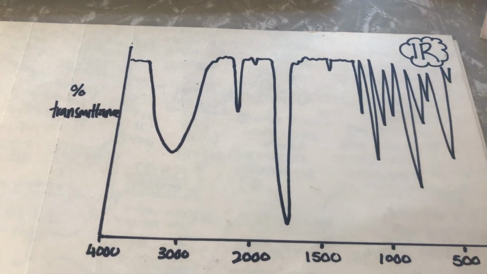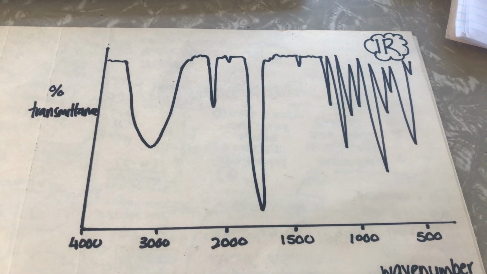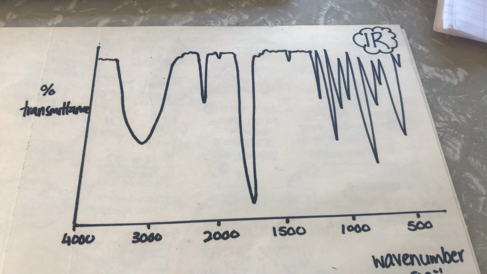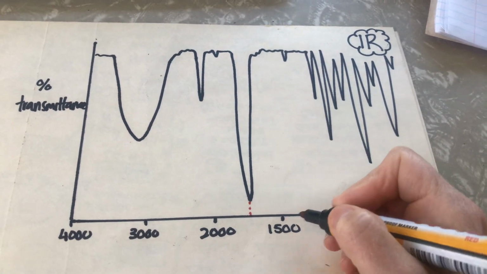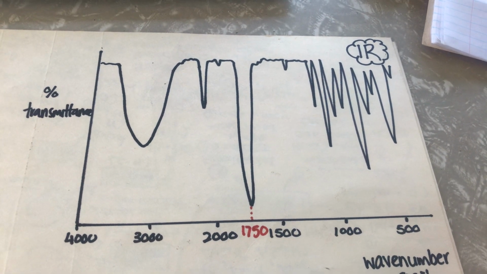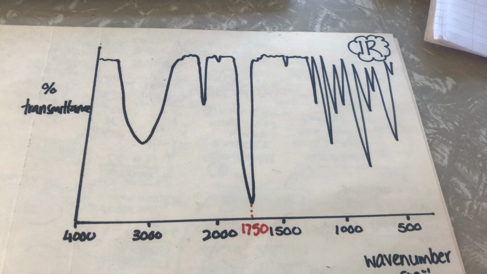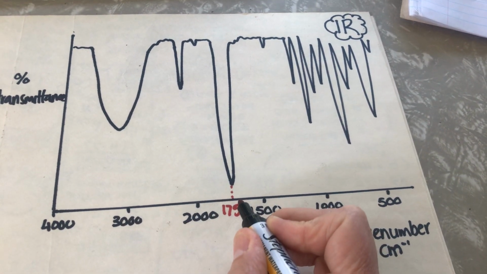We have to be able to identify our peaks by two things. First of all, by where they are found on the spectra. For example, this peak here is found at about 1750, and I say about because this is never perfect. We can use the scale along the bottom to identify the peak.